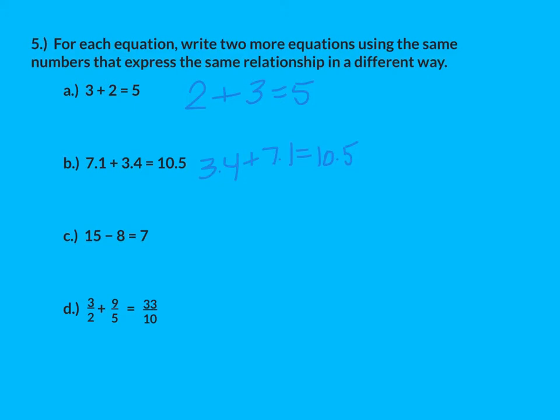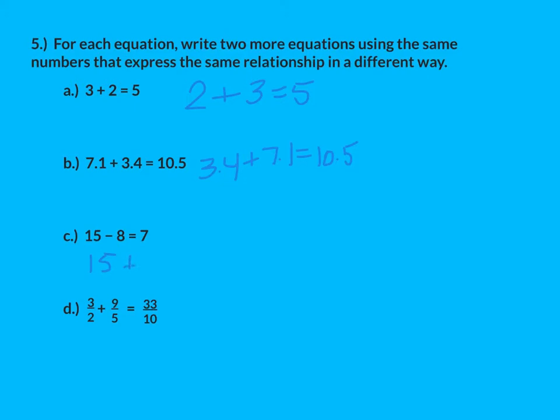Until we get to this one. I've got 15 minus 8. 15 taking away 8. So in tradition with the rest of them, the first thing I need to do before I can switch things up, because they were addition problems, is to change my subtraction problem to an addition problem. So I would have 15, stay, change, change, cha-cha-cha.